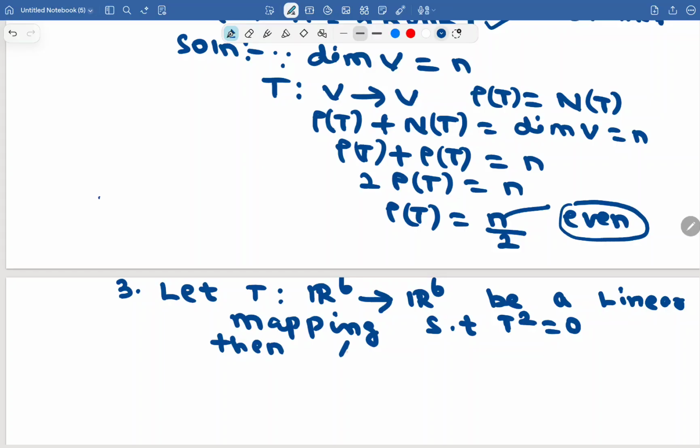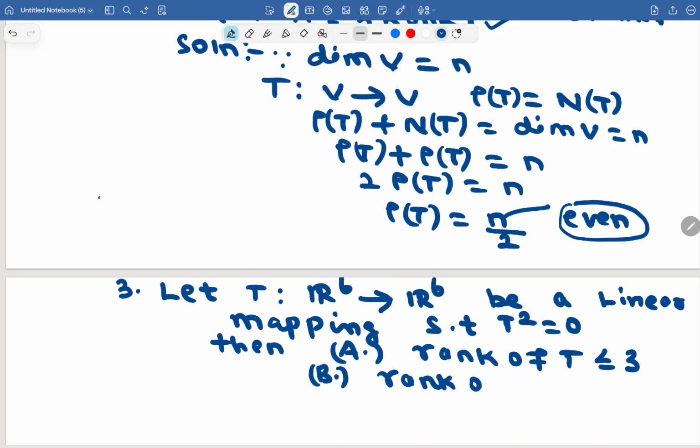Then option A, rank of T less than or equal to 3. Option B, rank of T greater than 3.